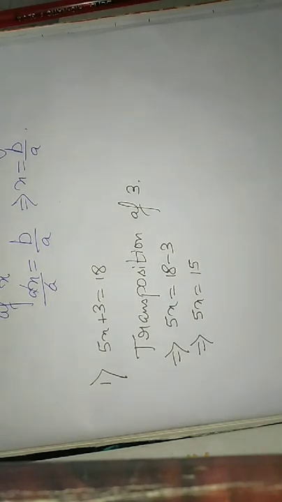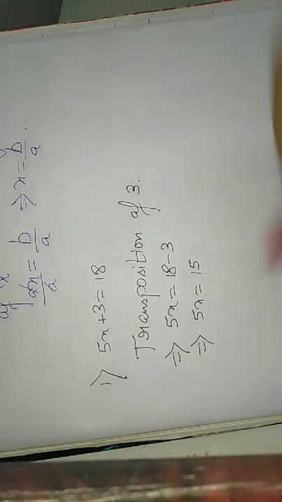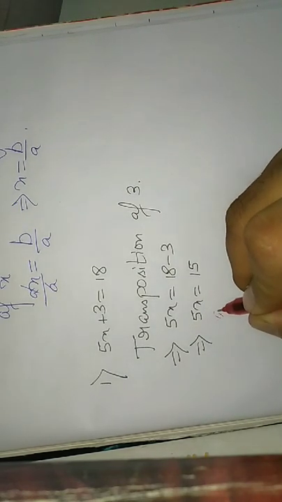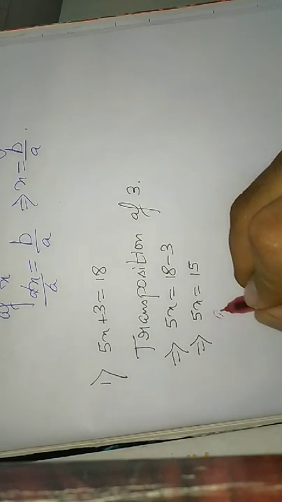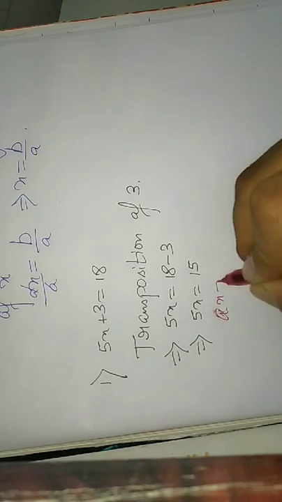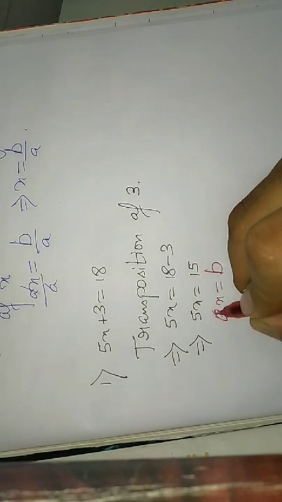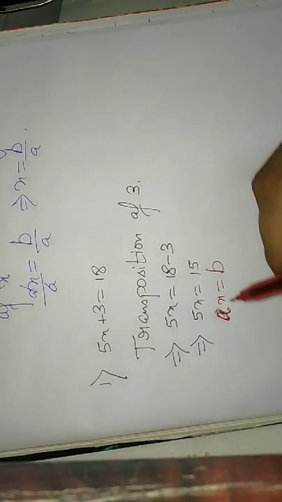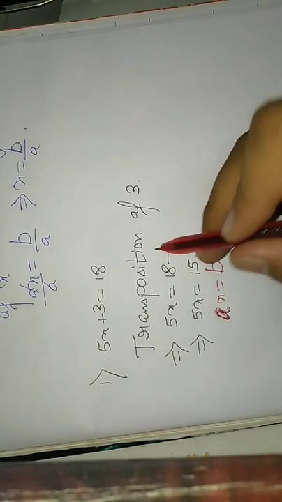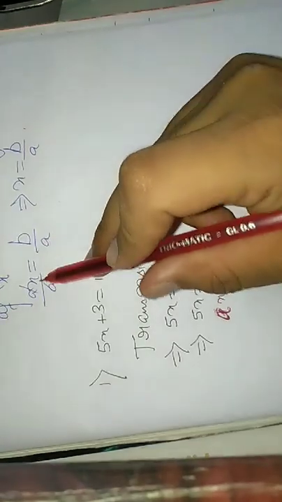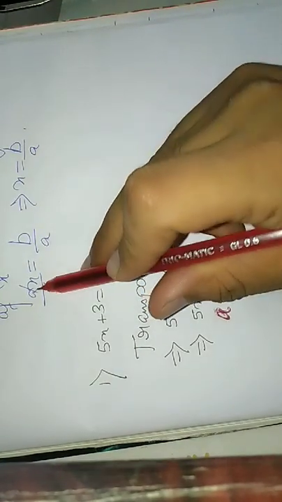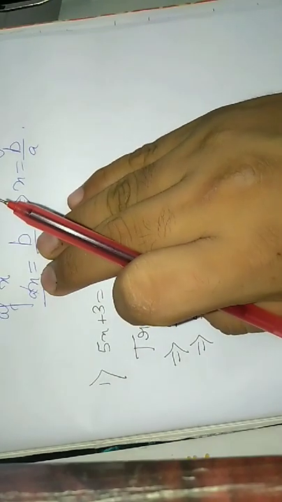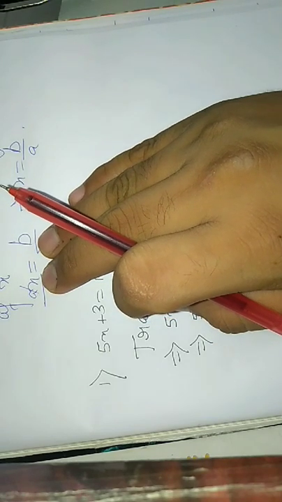So now we have got it in the form of ax is equal to b. So what is your a? A is 5. Like we read over here, if we need the value of x, we need to divide. If ax is equal to b, and we need the value of x, what will we have to do?